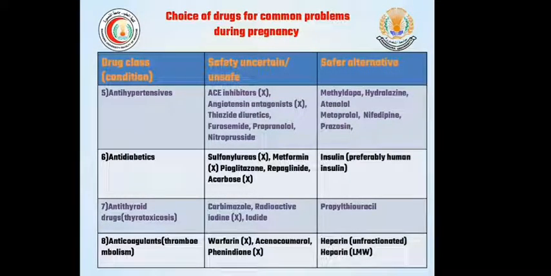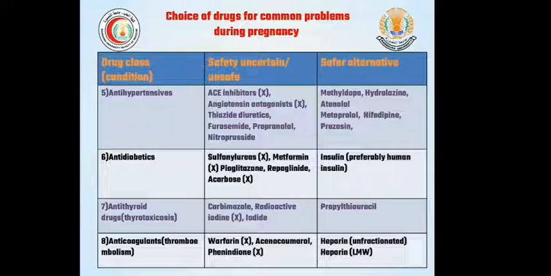What is the antihypertensive drug of choice in pregnant female? Number 1 is alpha methyldopa. This is the first drug of choice. It can be followed, if no response or if the response is not sufficient, by hydralazine or atenolol. Avoid ACE inhibitors, avoid diuretics, and avoid beta blockers. As antidiabetic, we can use insulin, as the insulin has large molecular weight, as we have said, and it doesn't cross the placenta.